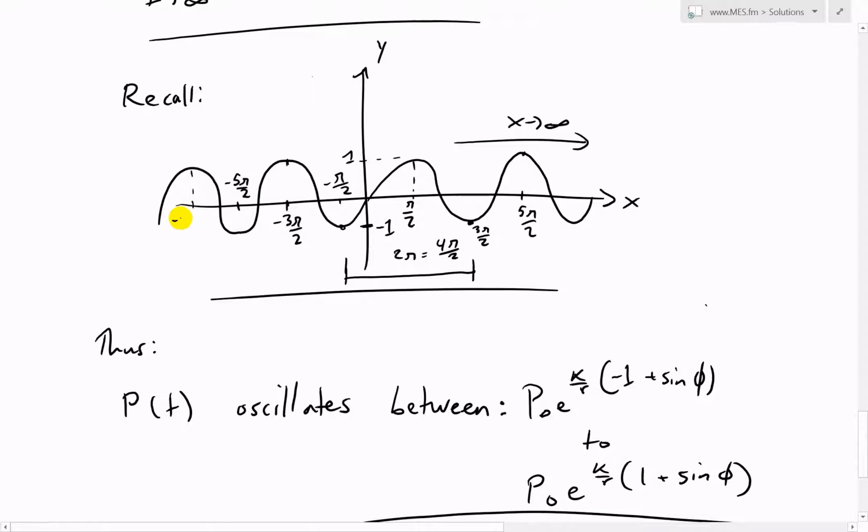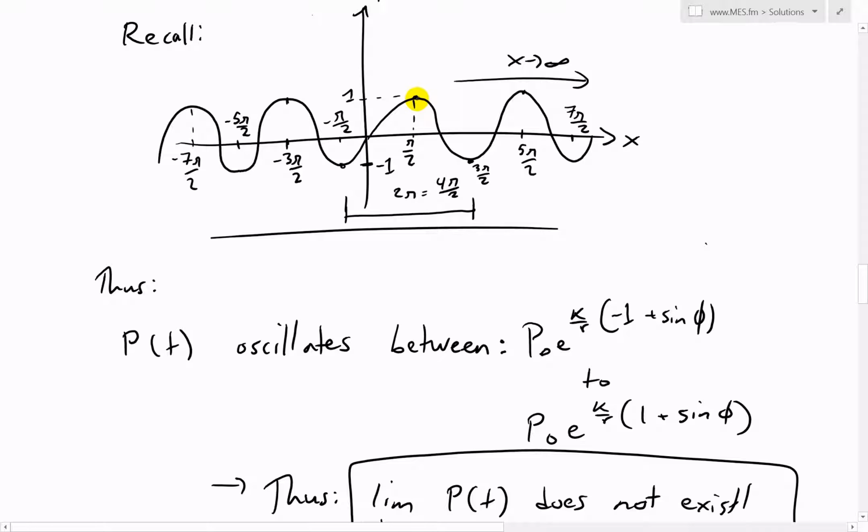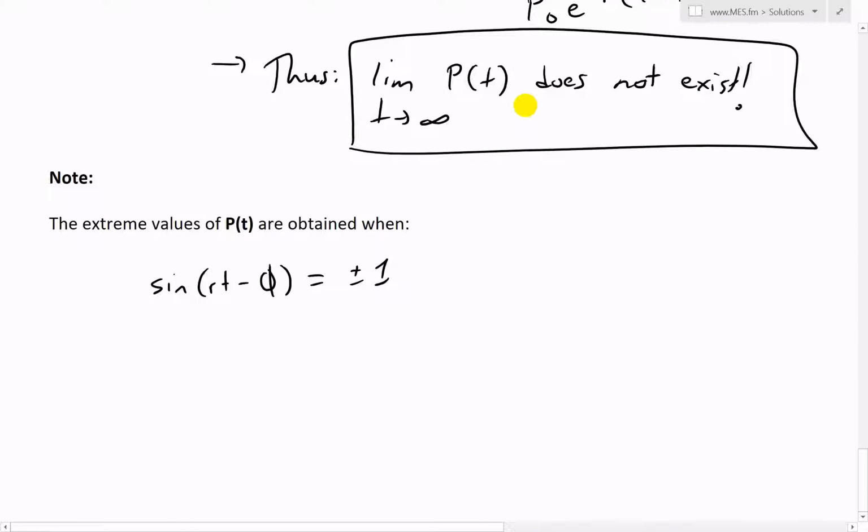Similarly here, this is negative 7 pi over 2, and then this part here we're shifting again by pi, or 2 pi over 2. This is 7 pi over 2. As you can see, the extreme values are whenever you have an odd number: 1, negative 3, negative 5, 5. These are all odd numbers in front of pi over 2.